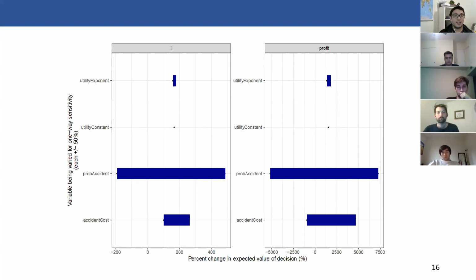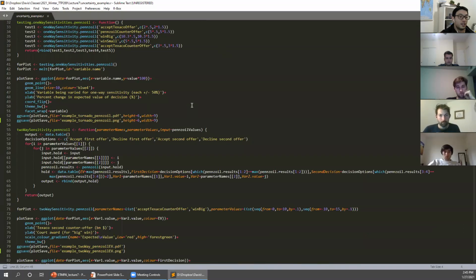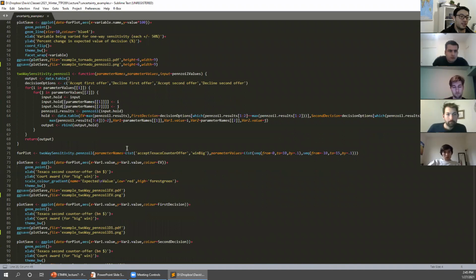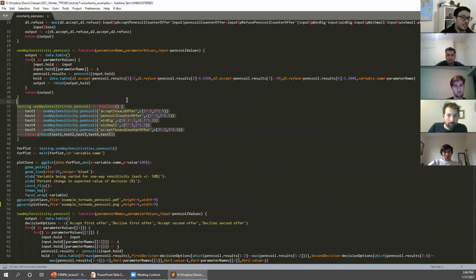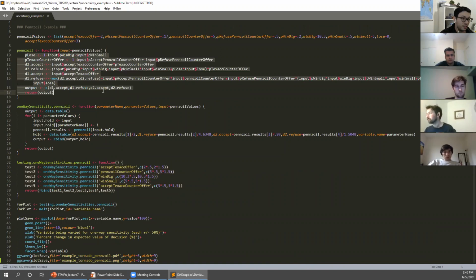But I will say that in addition to the lecture notes that are put on Canvas, I also put the code that I used in R. I can just really quickly show that here, which goes over essentially how I did all of that. And those are contained in these functions that are testing your one-way sensitivity or building the model.